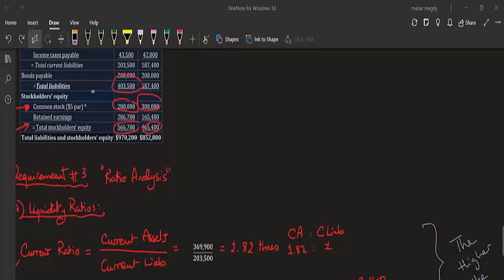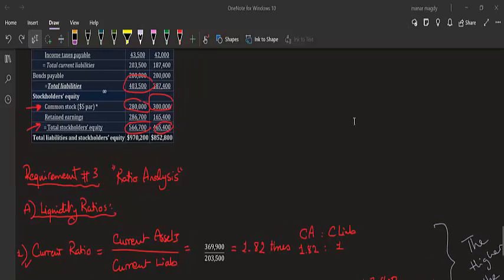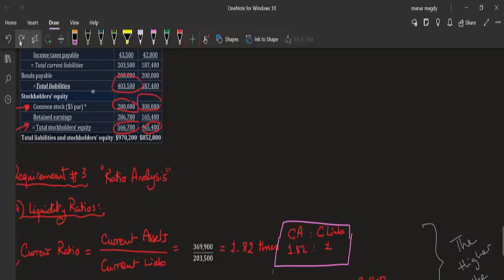So a quick revision on how to interpret each of these ratios. Take into your consideration when you answer current ratio, you compare the ratio of current assets towards current liabilities. So we write it as follows: the ratio of current assets to current liabilities.